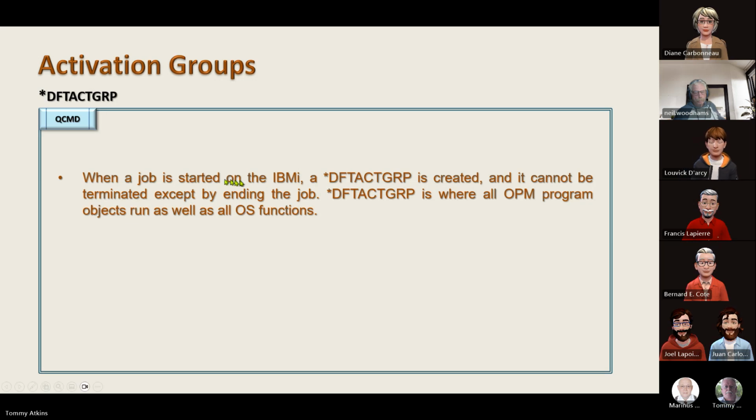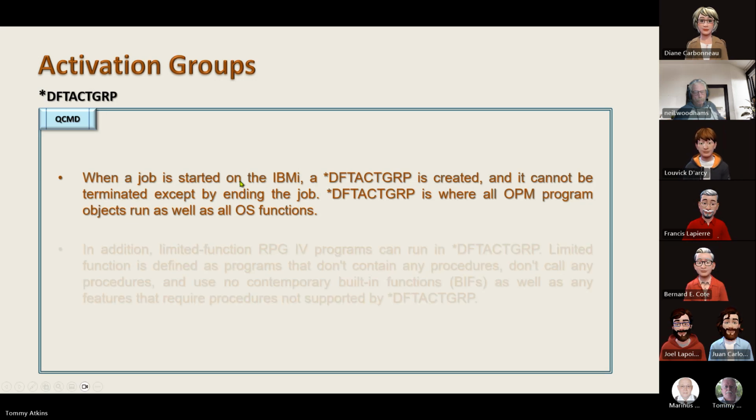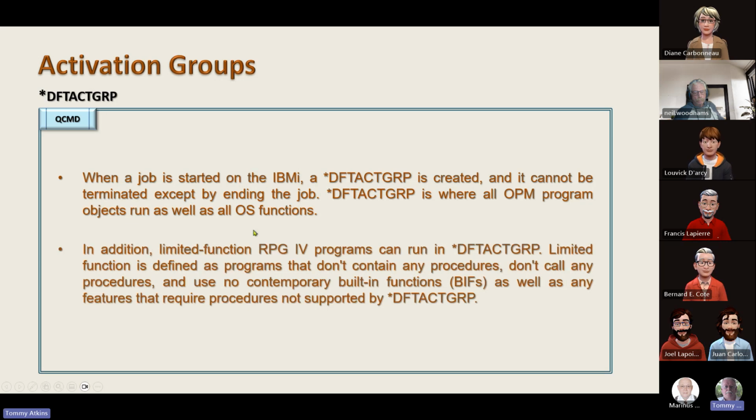So here, you can still have your ILE programs or your RPG IV programs compiled like you do them in Create Bound RPG. They can run in the default activation group, but they are limited in function, as they can't use any procedures, they don't call any procedures, and they use no contemporary built-in functions, as well as any features that require procedures not supported by the default activation group.